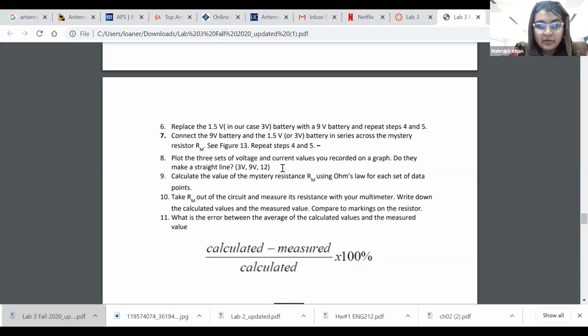Those who don't have 3 volts can just do the 9 volts. It's okay, because if both your batteries are not working, then you can talk to me. We want to see that you can measure the current and voltages both at the same time. Then we will see the calculated and measured values. So take RM out of the circuit and measure its resistance with your multimeter.